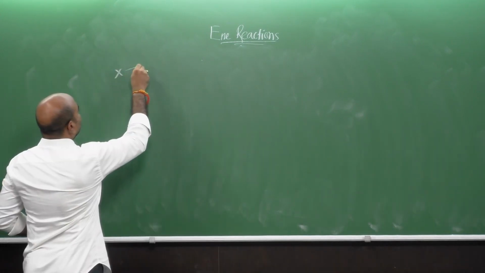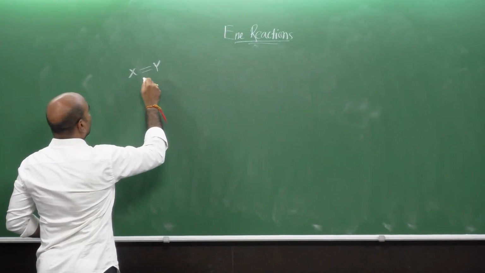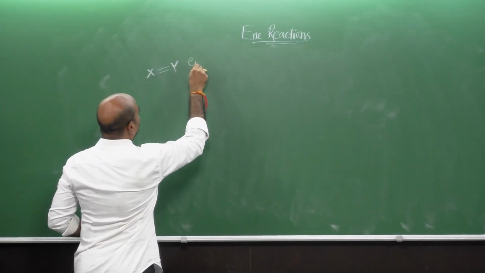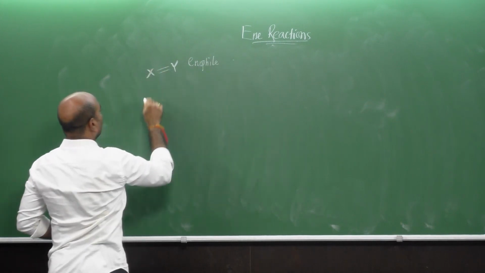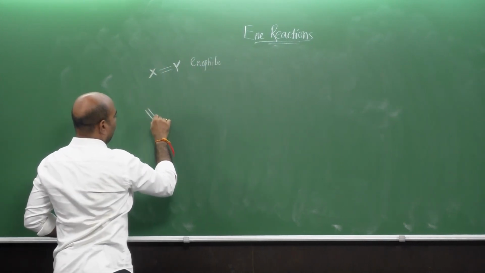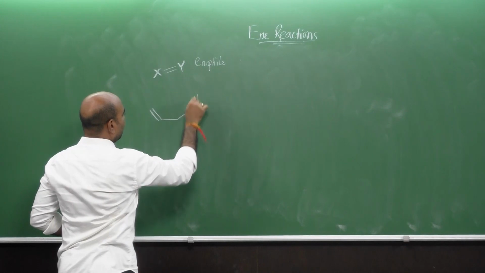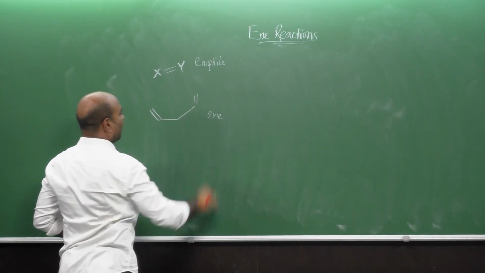So if this is the X double bond Y, which is nothing but the enophile component, and this is the ene component, right.